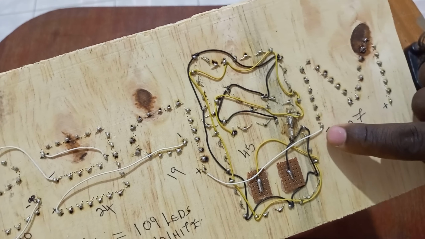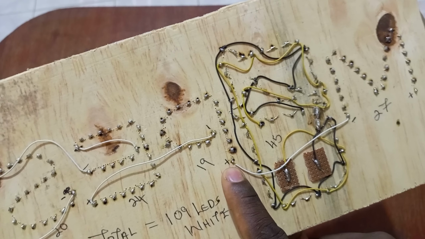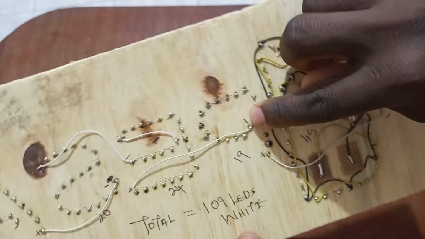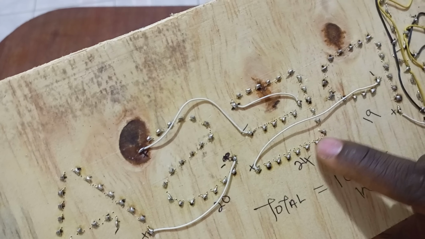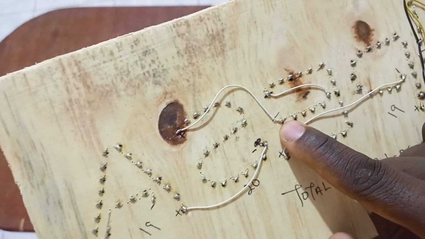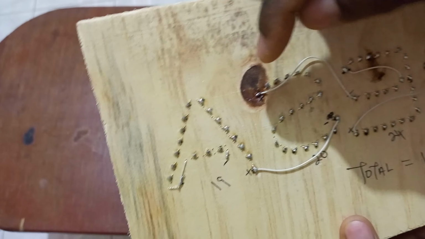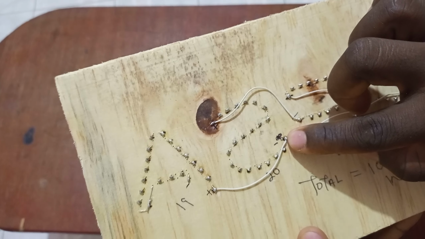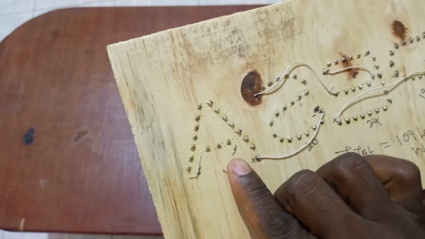Then I've connected the jumper wire from here, this white wire, crossing over the chaser section, coming to this anode of letter P. Then our series continues up to where we have the cathode of P. Then our series connection continues using a jumper wire to the anode of letter E. Then the same series connection continues to the cathode of letter E. Then I've connected a jumper wire again to continue our series connection to the anode of S, then all the way to the cathode of S, then connecting through a jumper wire to the anode of A, all the way up to the cathode of letter A here.